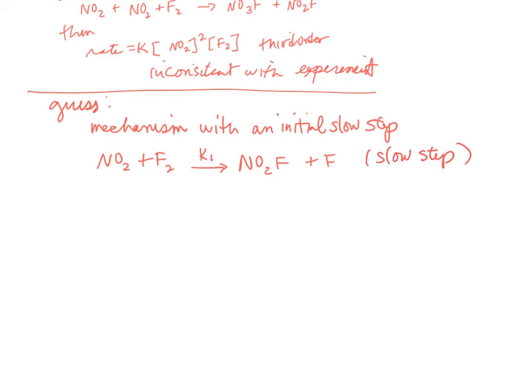And we're going to find out the rate of the reaction depends on the rate of the slow step. But you've got this intermediate, the F intermediate on the right here. That thing has to disappear. And so the second NO2 molecule will react with F. The second step has a rate constant k2.